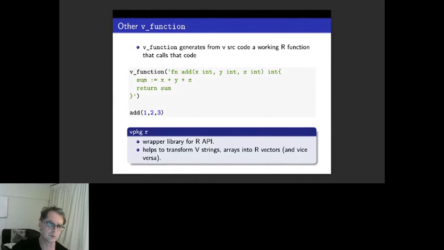It's a constant or immutable. That's of x, y, and z, and it returns sum. You can compile this one, and if you do this, it will use this name to add this to the R global environment, and it will contain an R function called add, which calls this V function. So in the RV package, there is also a wrapper library called R API, and it helps to transform V strings and arrays into R vectors and vice versa.